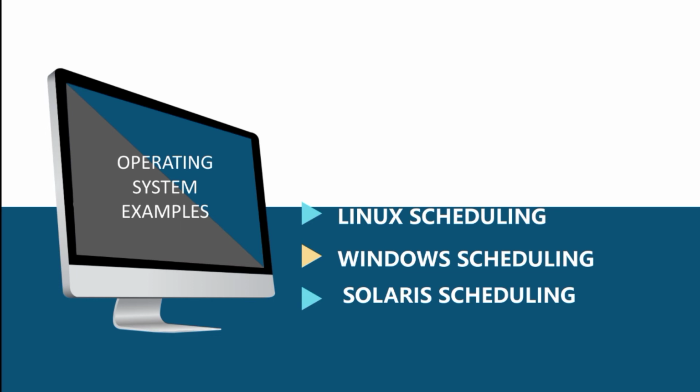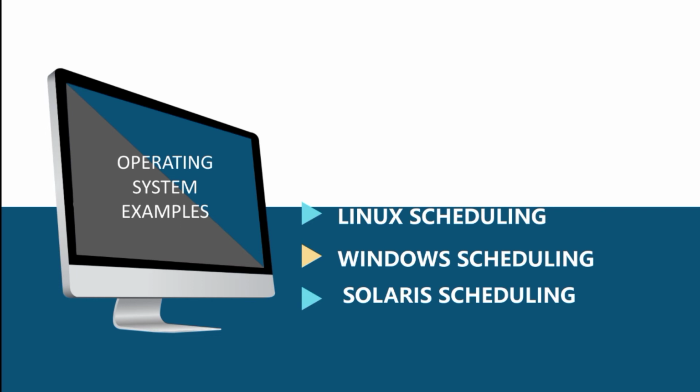Next is the operating system example. We have the Linux scheduling, Windows scheduling, and Solaris scheduling. This is located in operating systems, aside from what we have mentioned earlier.